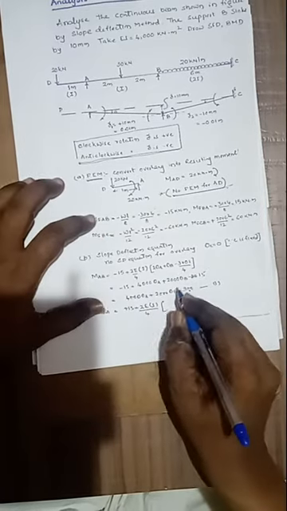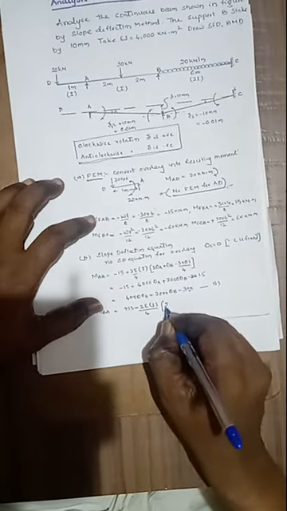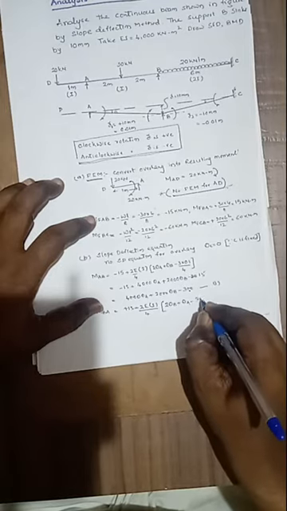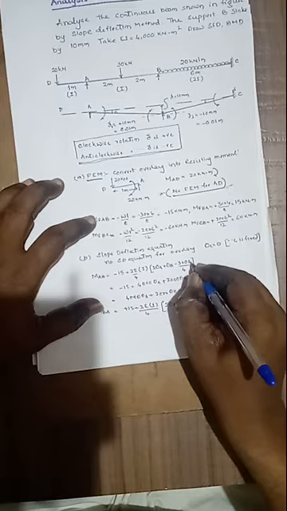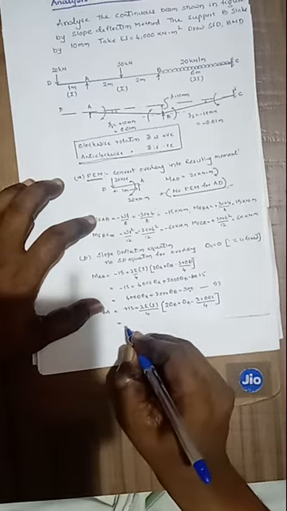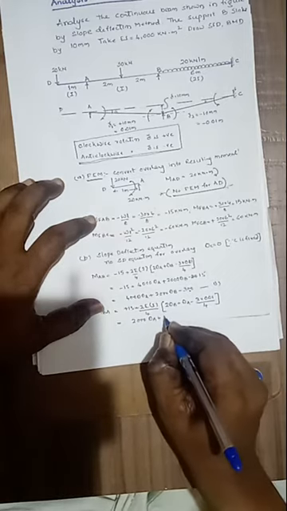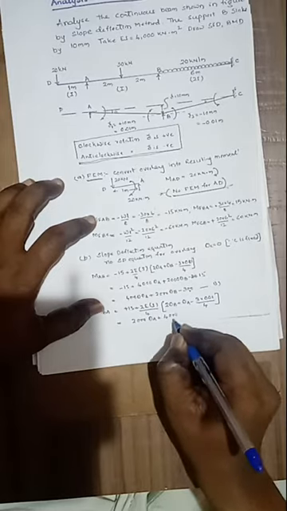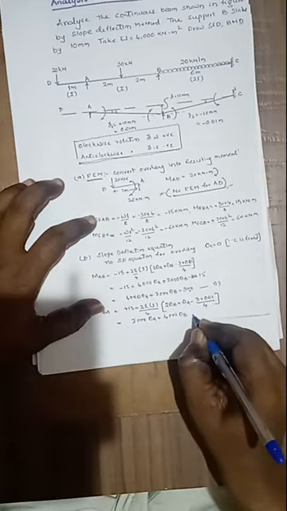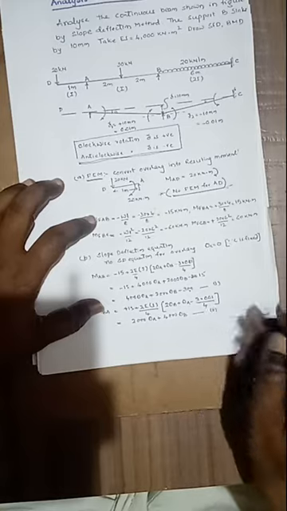Here we are writing the slope deflection equation from the far end, that is B. The near end for B is 2 theta B plus theta A minus 3 into delta 0.01 divided by L. Then this equation becomes 2000 theta A plus 4000 theta B. Here minus 15 and plus 15 get cancelled. This is equation number 2.